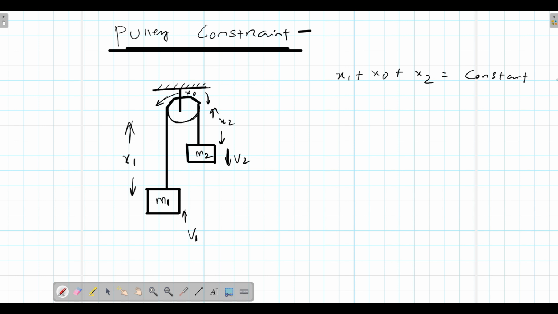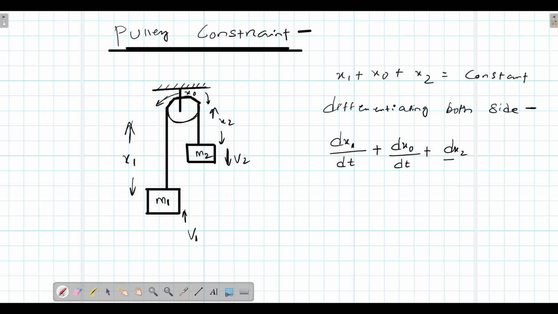So differentiating both the sides, dx1 by dt plus dx naught by dt plus dx2 by dt equals to 0.